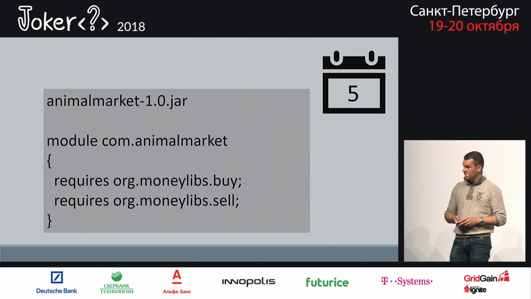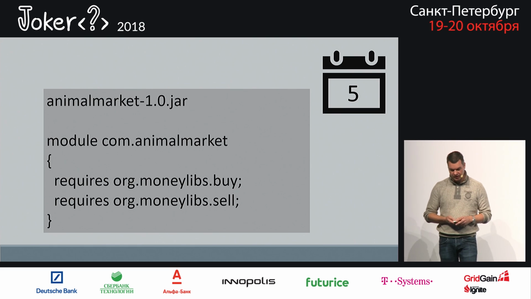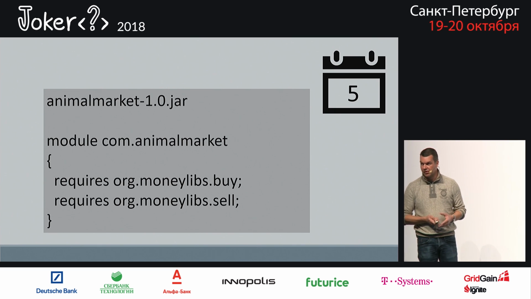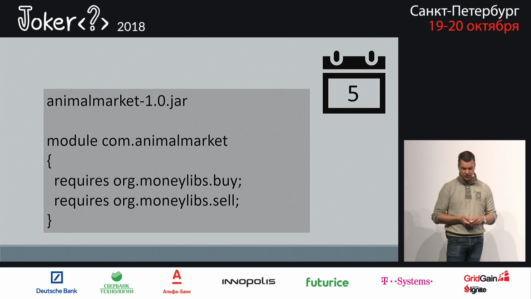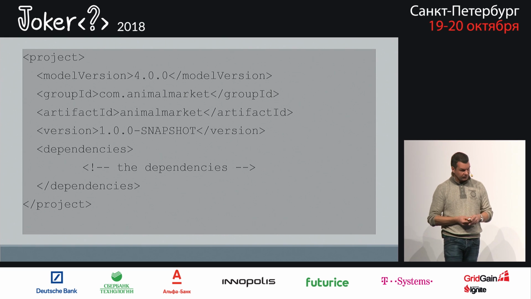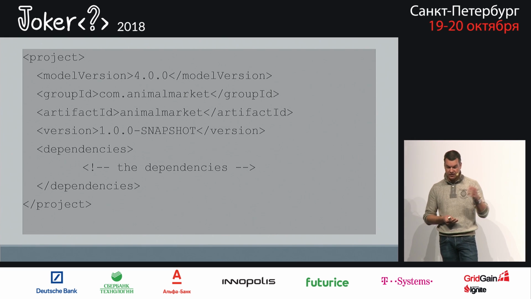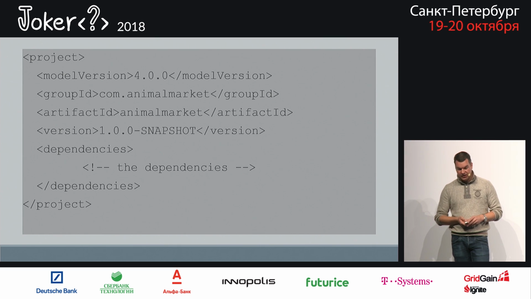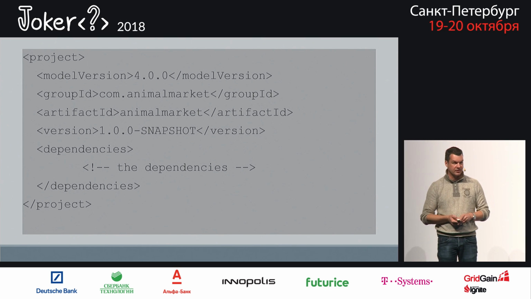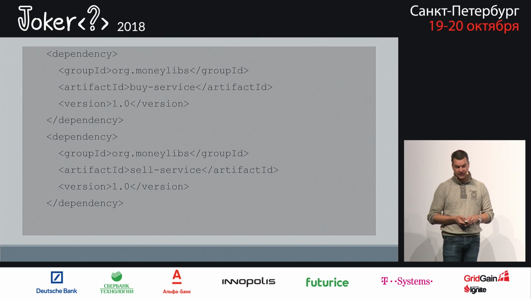And in the end, we have an application, animal market, and it is using both these services, both the buy service and the sell service. If you take a look at how the POM file would look, it would be something like this, with of course the model version always 4.0.0, the group ID, artifact ID, and the version, and a couple of dependencies. And the dependencies would look like this.